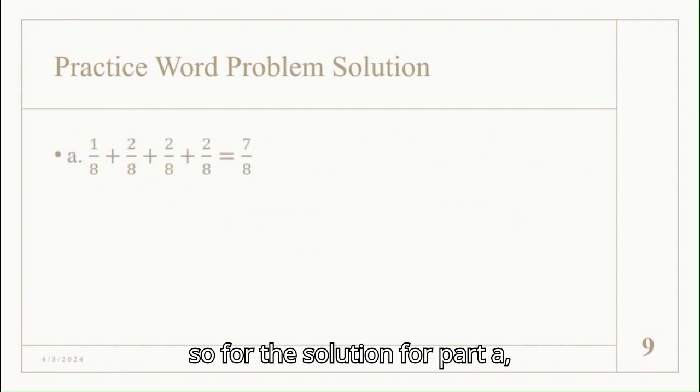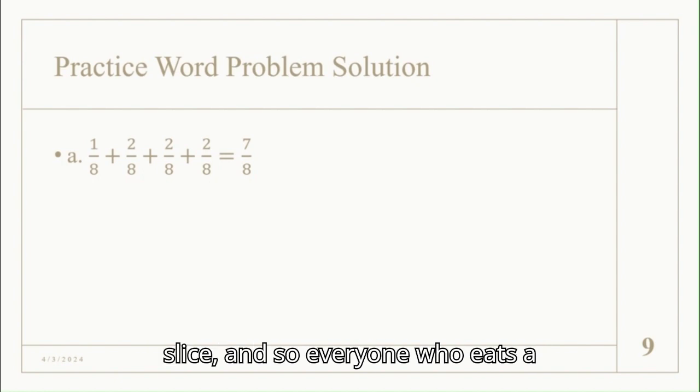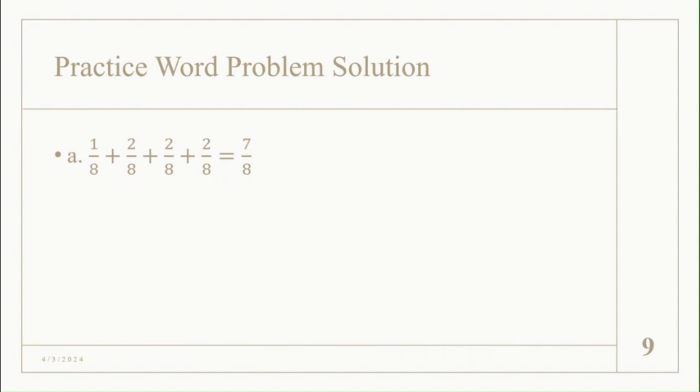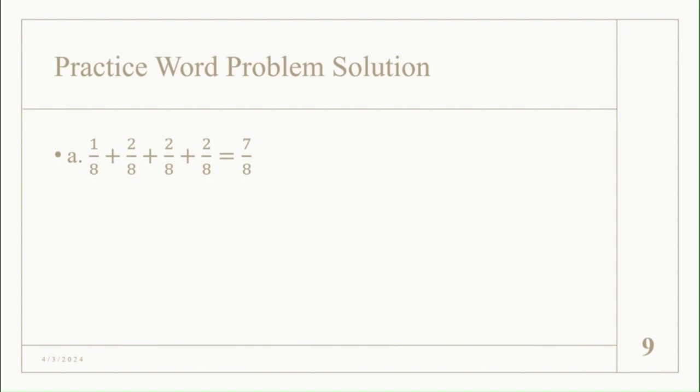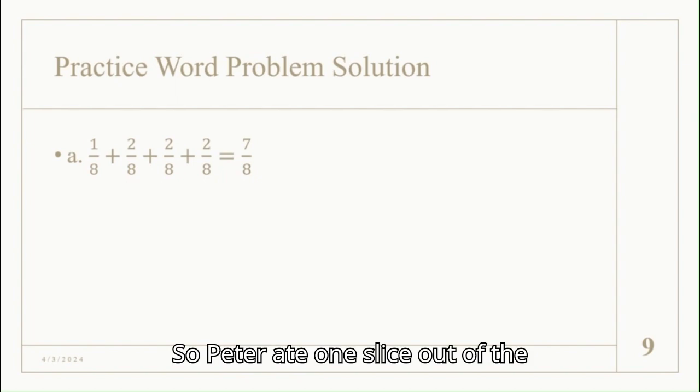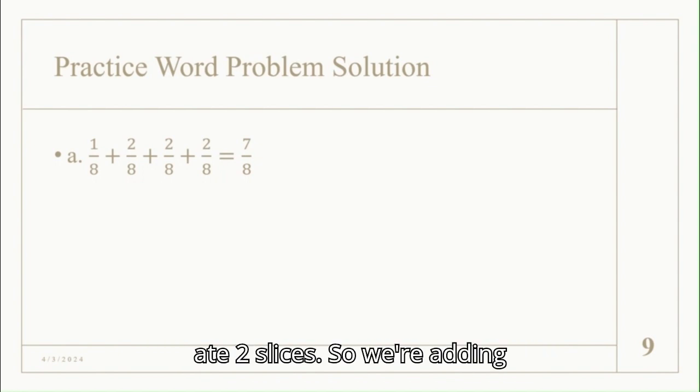the solution. For the solution, for part A, we're looking at everyone who ate a slice. Everyone who eats a slice adds up the amount of slices that they eat. So Peter ate 1 slice out of the 8 total slices, and then everyone else ate 2 slices.